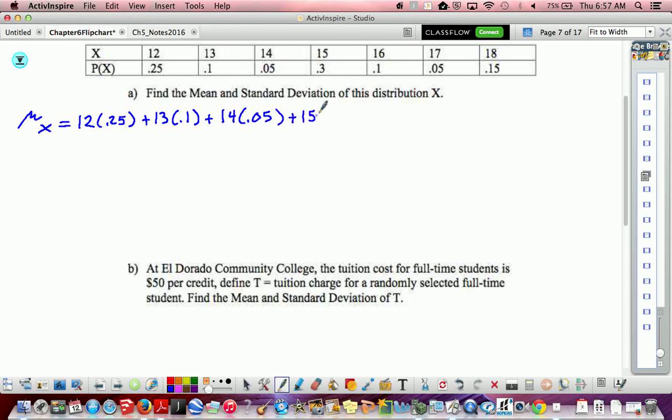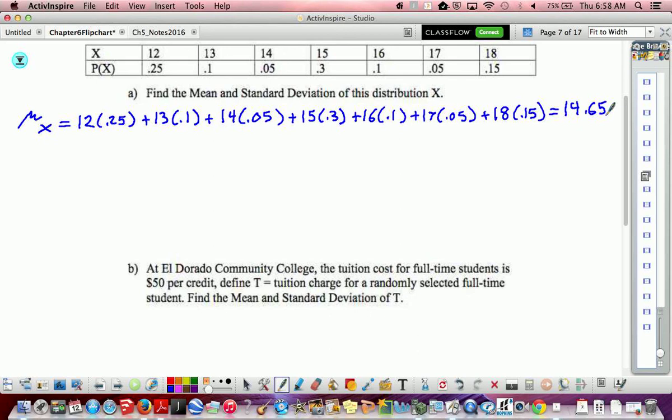So as you can see, I'm going 15 and 16 and 17 and 18. So if I plug that into my calculator, you can check, you should get 14.65. So take a second and pause the video, plug it in your calculator just to make sure you're getting the correct value.